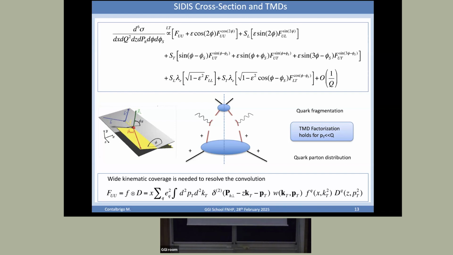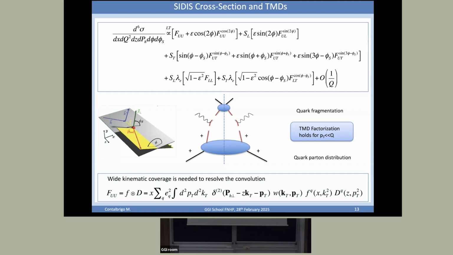Then, this is generic. Now, what can we do? We can apply factorization and describe the process as, again, a function that describes the probability to pick up a parton inside your target. There is a hard scattering that you can calculate. And then the probability that this quark fragments into the final hadron.